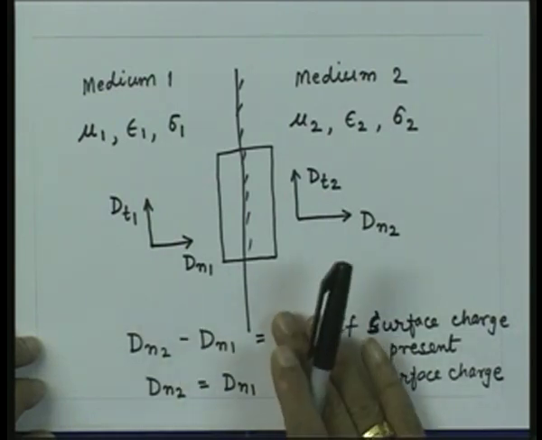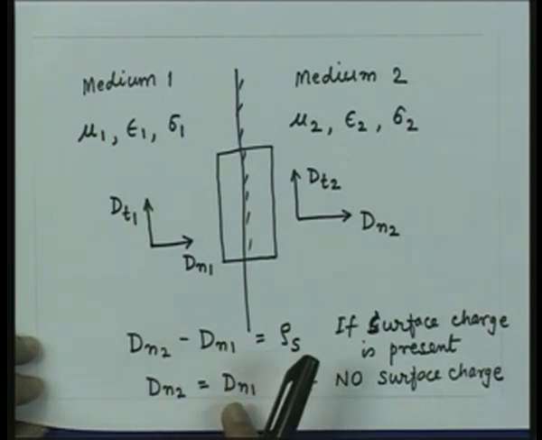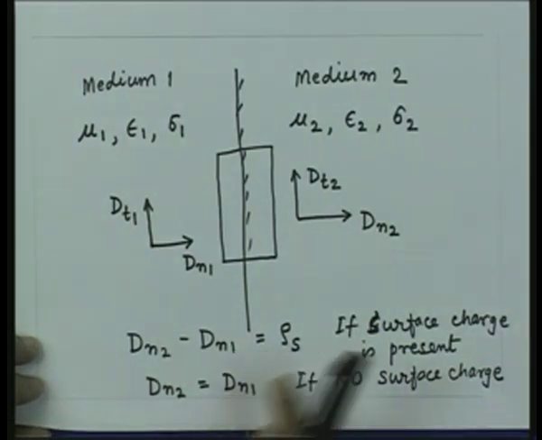So, this quantity will be identically 0. So, the normal component of the magnetic flux density will always be continuous. So, we have from this Gauss law two things, what is called the boundary conditions.